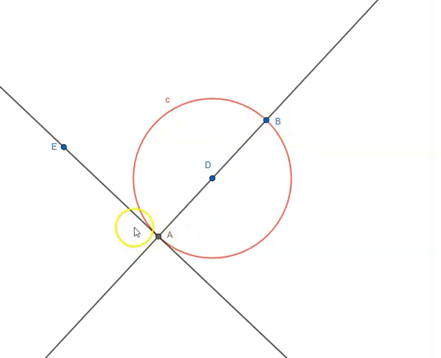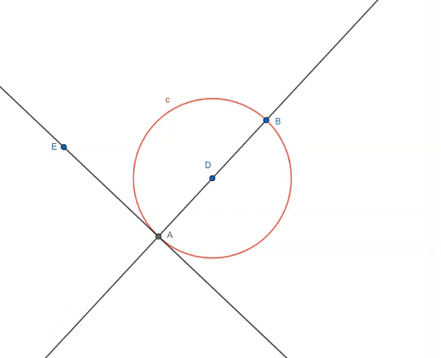And the angle between the circular curve and AE would always be less than any acute rectilinear angle. So let's prove each one of these parts one by one.